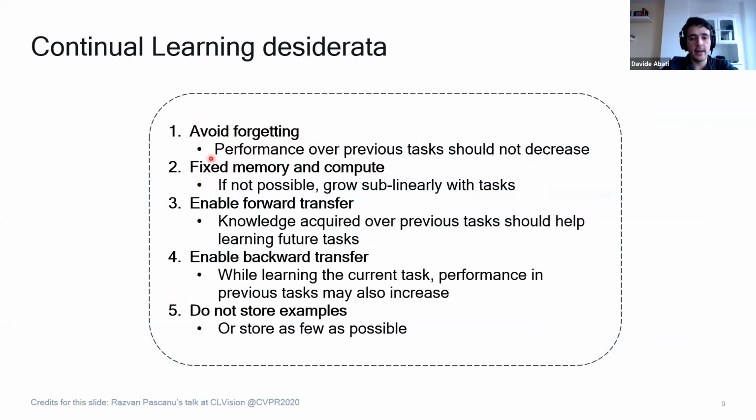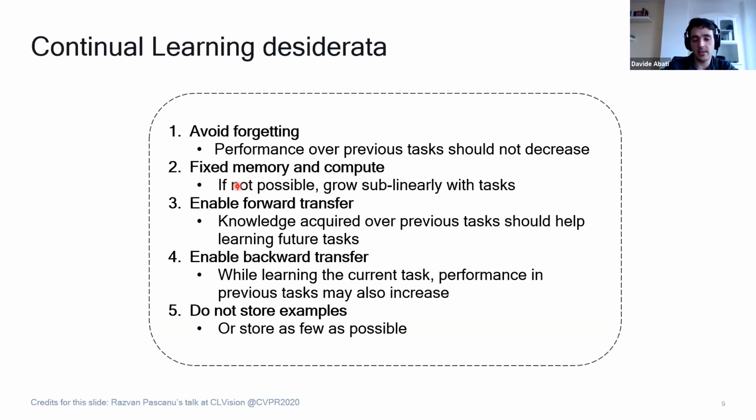The second one is that it should be able to operate at fixed memory and compute requirements. So as new tasks are encountered, the memory and computation requirements should be kept at least bounded and grow sublinearly with tasks.